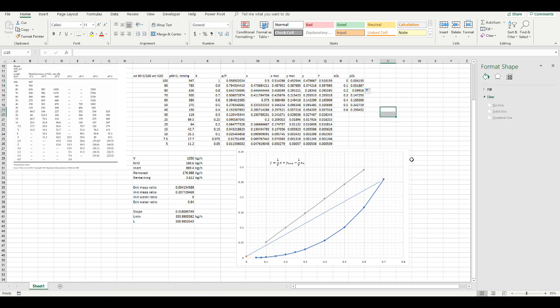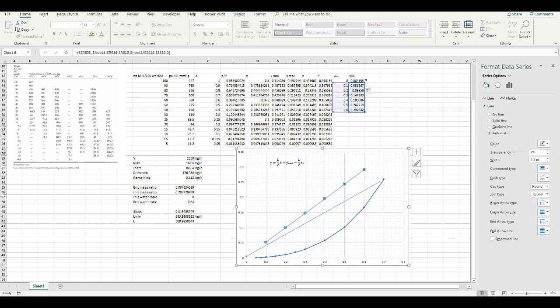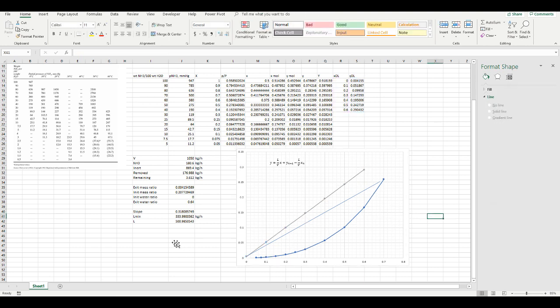So now that we have the operating line, we can simply use McCabe-Thiele analysis in order to find the number of stages. Okay. So as always, you start from your point of interest.